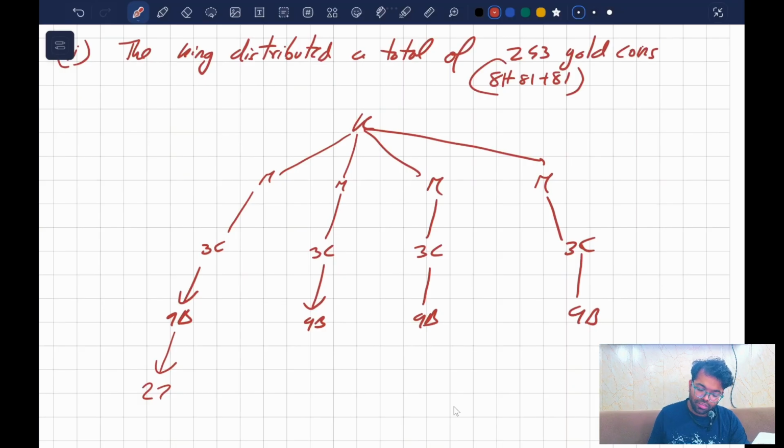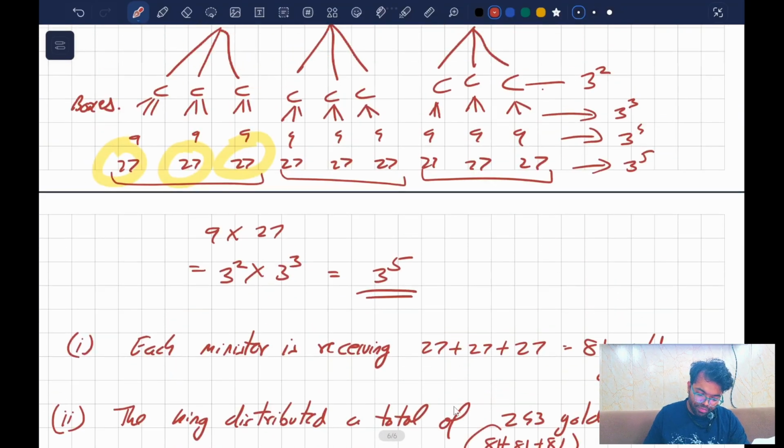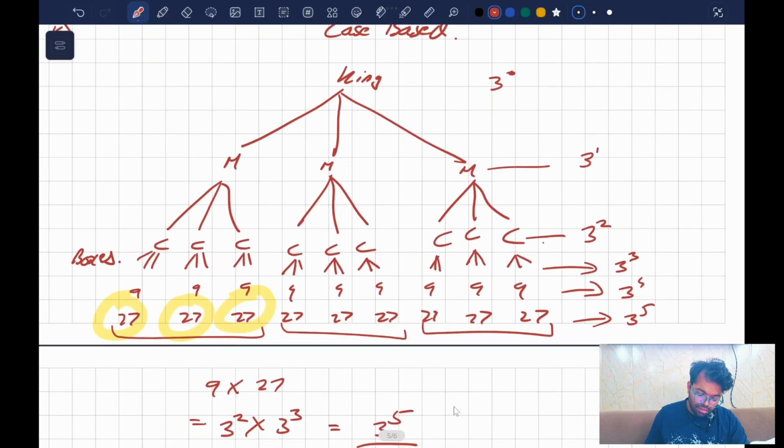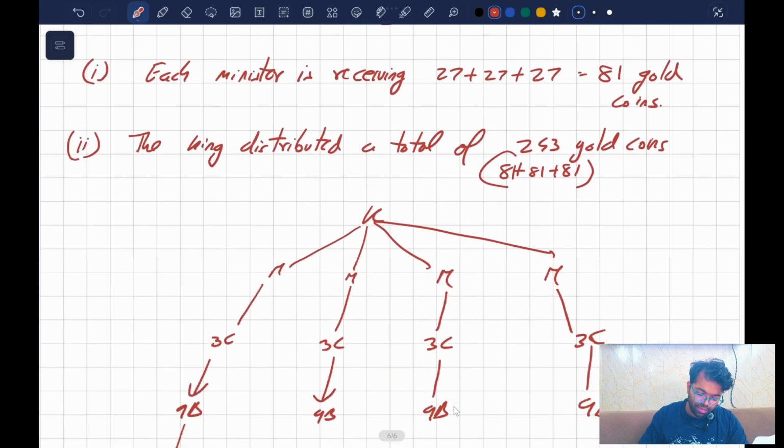The king has 4 ministers. Each minister received 3 chests. यहाँ तक तो सही है मेरा. And each chest had 3. Yeah, I'm correct. ठीक है.